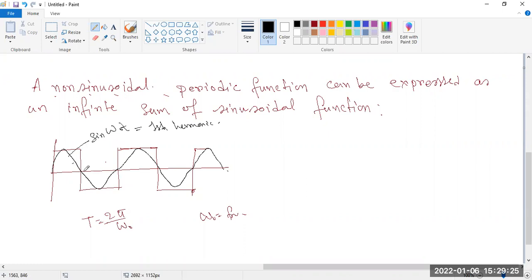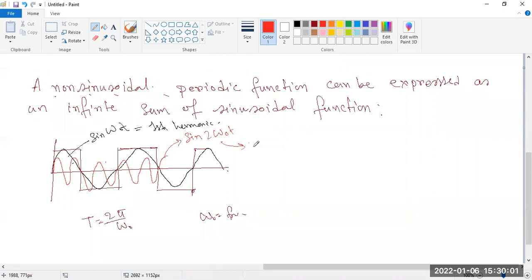So you can represent this signal in this way also. If there is another signal which completes two cycles, you can say this is sine 2 omega 0 t.